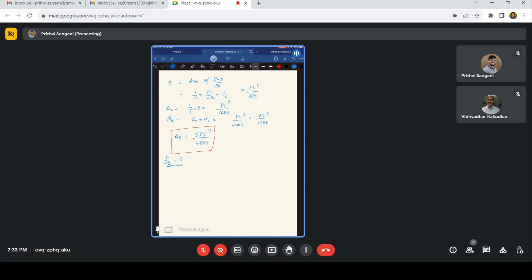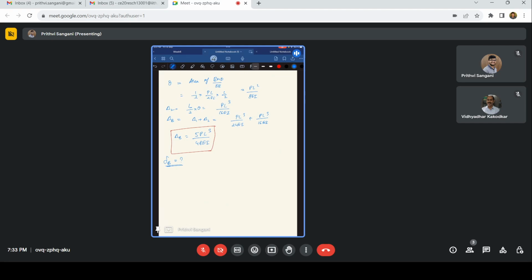Let me follow the same procedure as before: span, length, capital M, small m, and capital M small m by EI dx. Let me name the first span AB.